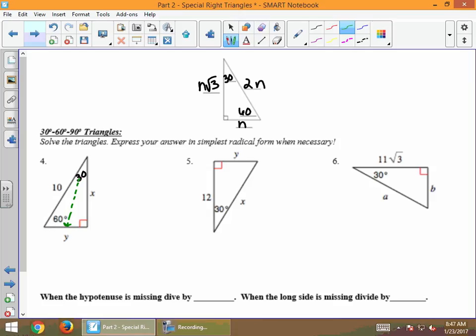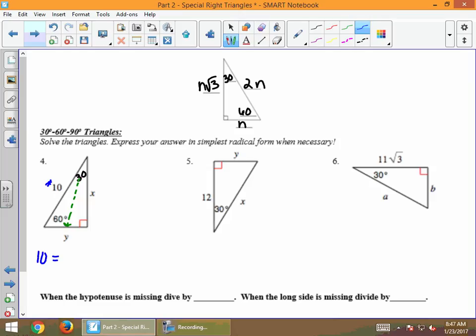We just filled in our diagram using that number. The problem is we don't have a number this time. So when that happens, you're going to go to whatever side you're given. So here, we're given a 10. So you're going to go to that side. Write that down. Equals 10, and this is the hypotenuse.